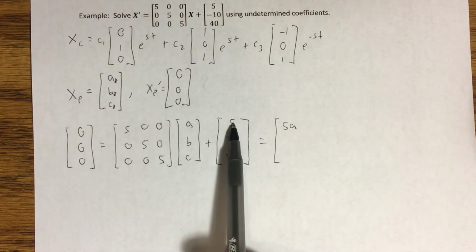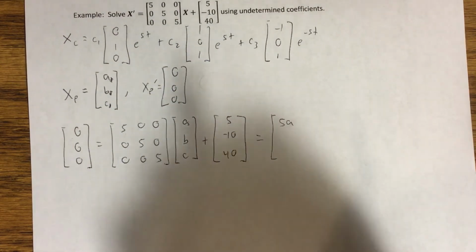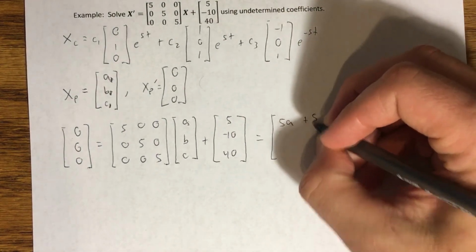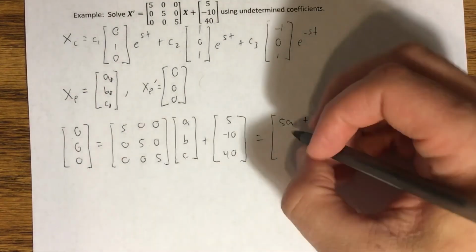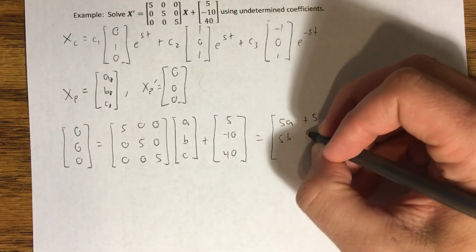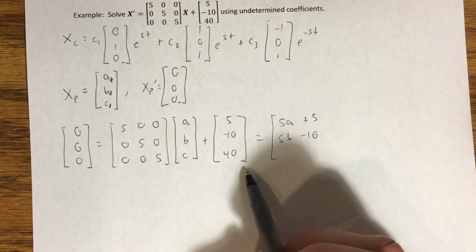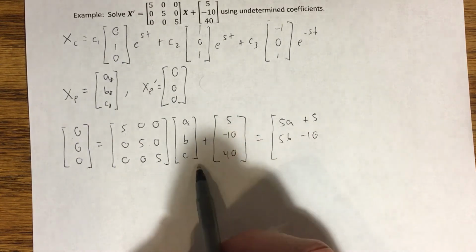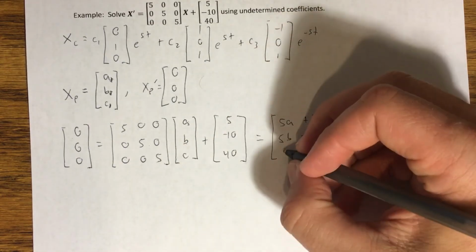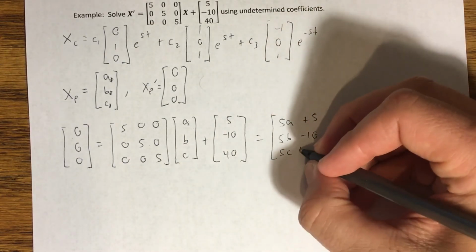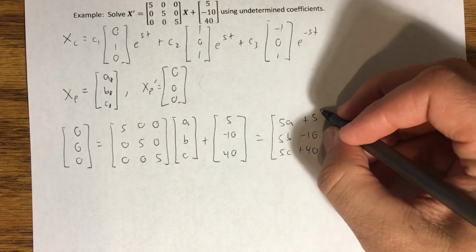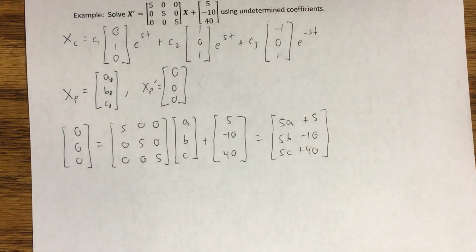Okay? Plus this 5 right here. Similarly, I'm going to get a 5b right there, minus that 10 right there. And then I'm also going to get 5c plus 40 right there. Okay?